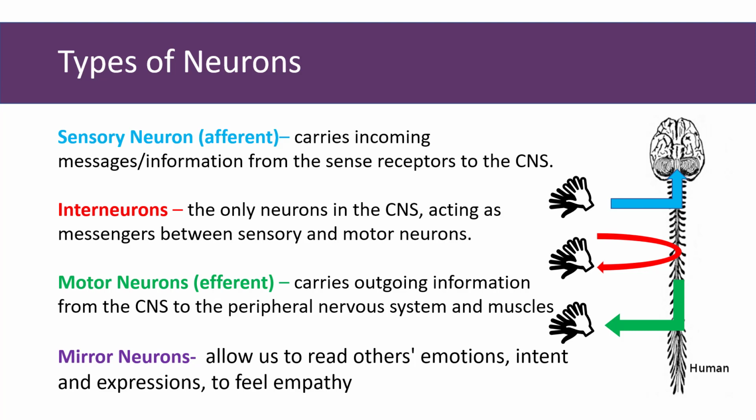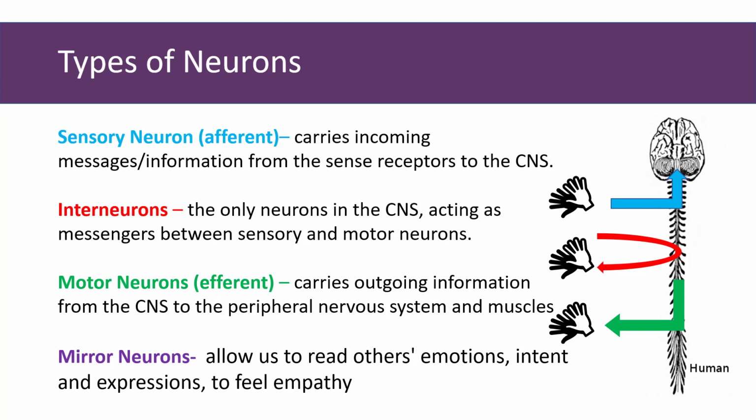An easy way to remember: if you can remember that motor neurons are responsible for certain things, then it will allow you to remember the others. A motor neuron is the action neuron. You got to go do something, and you go do things in a car. These are the messages that are exiting the brain. You've taken in that information, and now the message is exiting the brain.